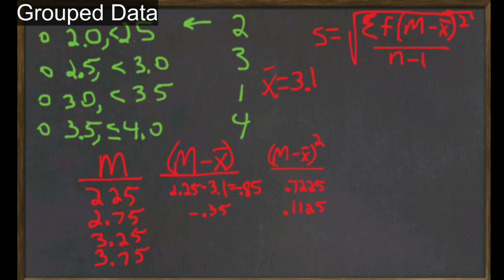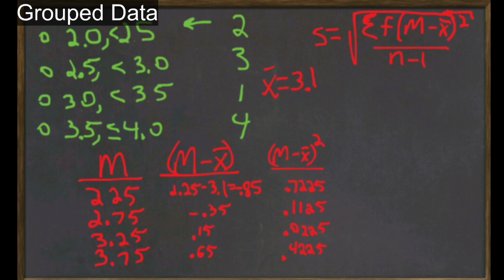Next we have positive 0.15, which becomes 0.0225. Okay, and then lastly, what is this? 0.65. And that becomes 0.4225. Okay, so we have the squared deviations.